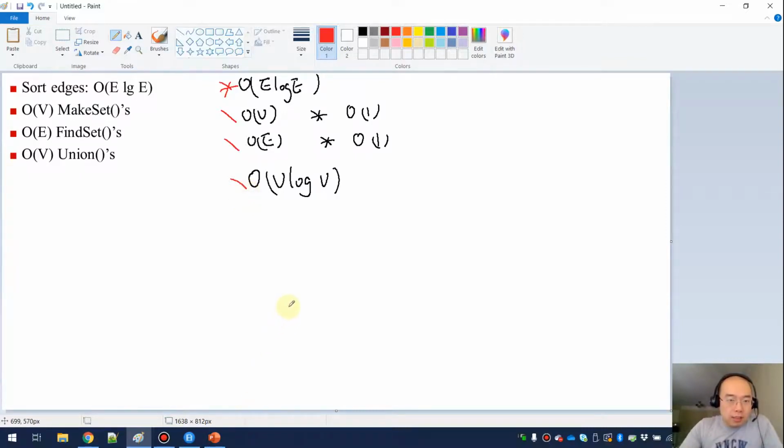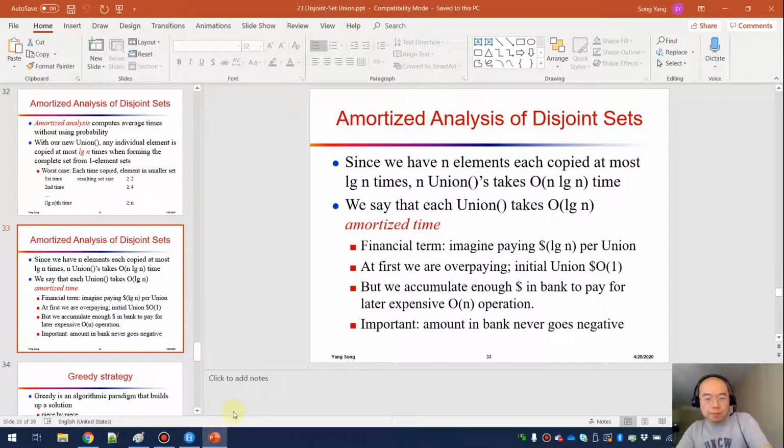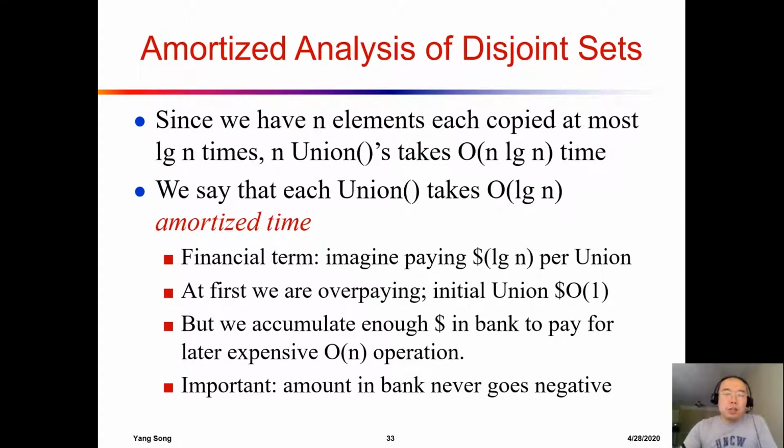Next, we want to come back to this. For a total of n unions, the time complexity is n log n, right? So if we ask what is the cost of one union, the cost of one union is log n. Does that make sense to you? That's weird, right?